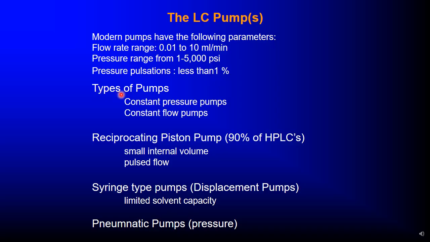Then types of pumps: constant pressure pumps and constant flow pumps. So reciprocating piston pumps, small internal volume pulse flow. Then syringe type pumps, limited solvent capacity. Then pneumatic pumps. So those are some of the pumps we have.